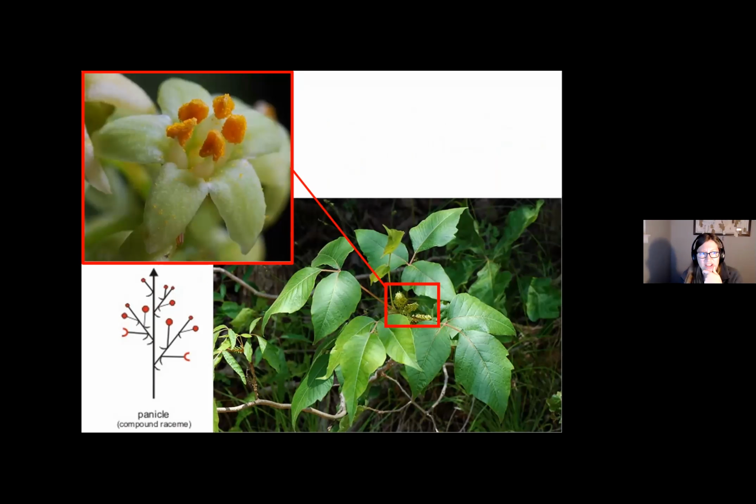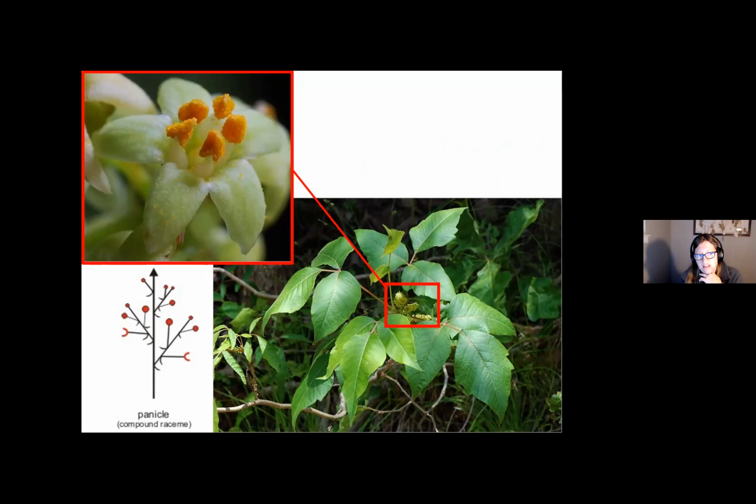But for this one, it's really difficult to see, but these are the poison ivy flowers. I don't know if you've ever seen poison ivy flowers before. This is an up-close picture of a poison ivy flower, and they actually grow in a panicle. You can see the older flowers here at the bottom, and you're going to see at least two flowers coming off at a time, often more than two.